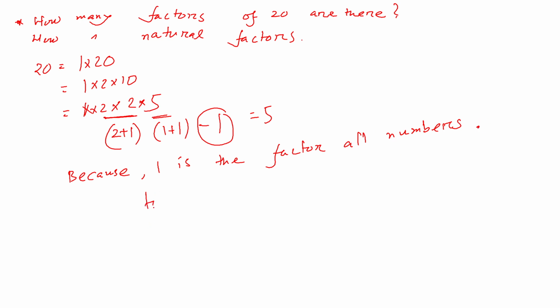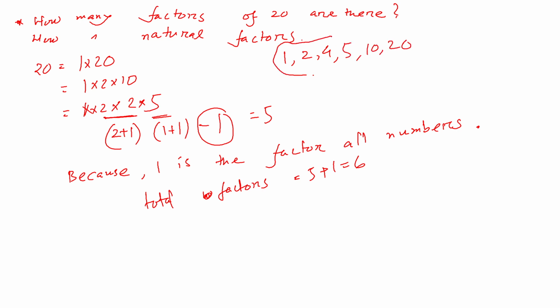So total factors will be equal to 5 plus 1 equals 6. And again, if I show this to you, 1 is a factor, 2 is a factor, 4 is a factor, 5 is a factor, 10 is a factor, 20 is a factor. Are there any other factors than the 6? The answer is no. So our verification is also checked.